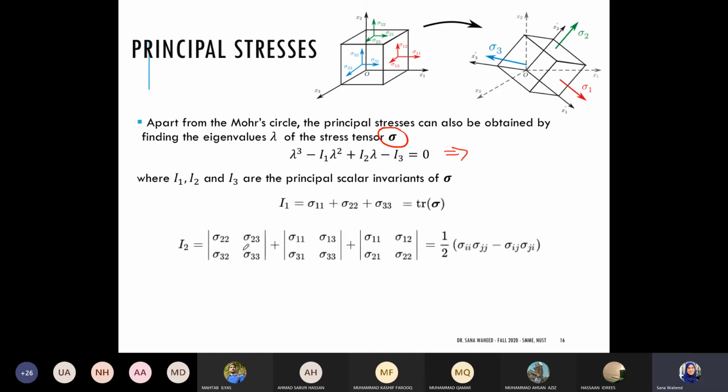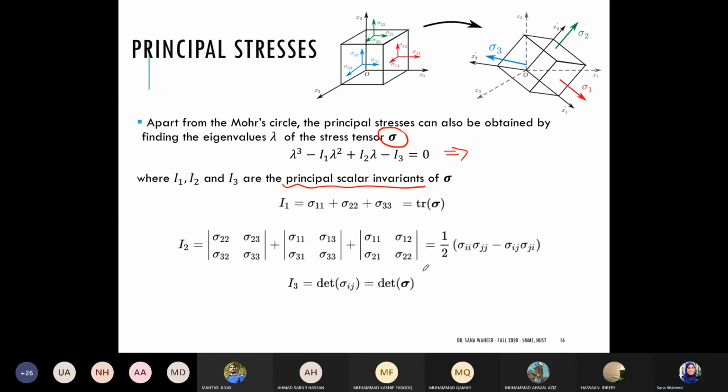I2 is always going to be the determinant of the co-matrices in there, this thing right here. And I3 is always going to be the determinant of the tensor. You don't need to memorize this. This will always be available to us in our lives. We can just Google what the expression of the principal scalar invariants is for a tensor.